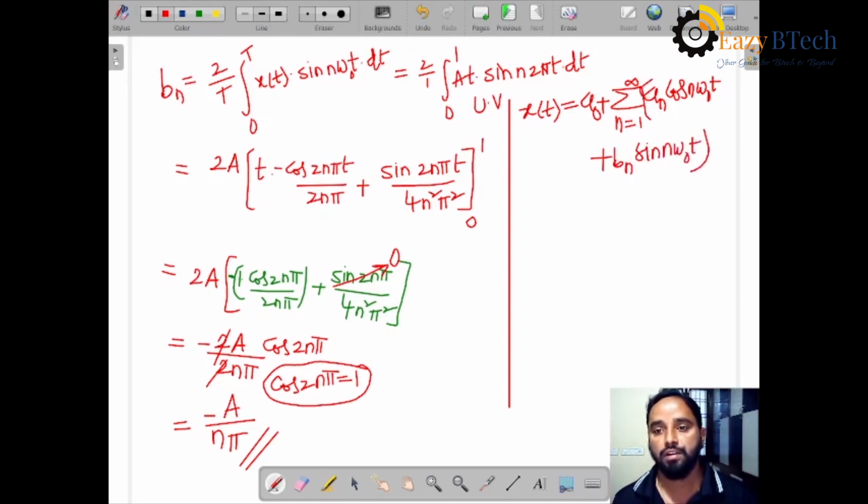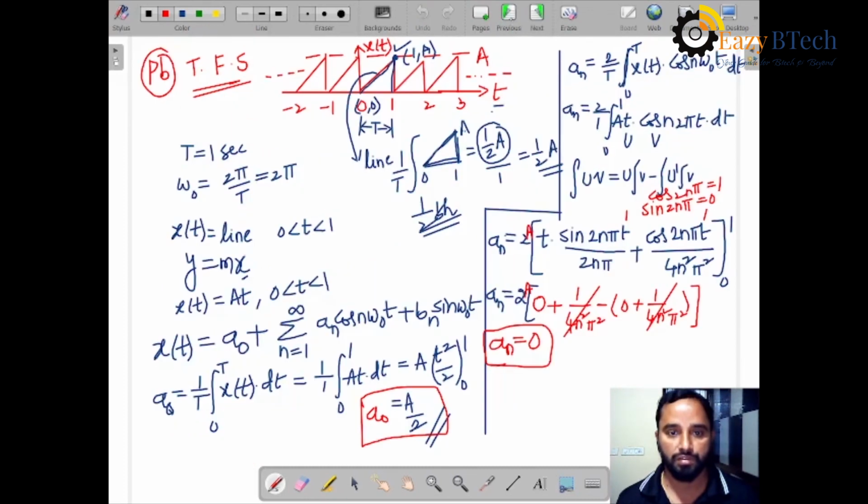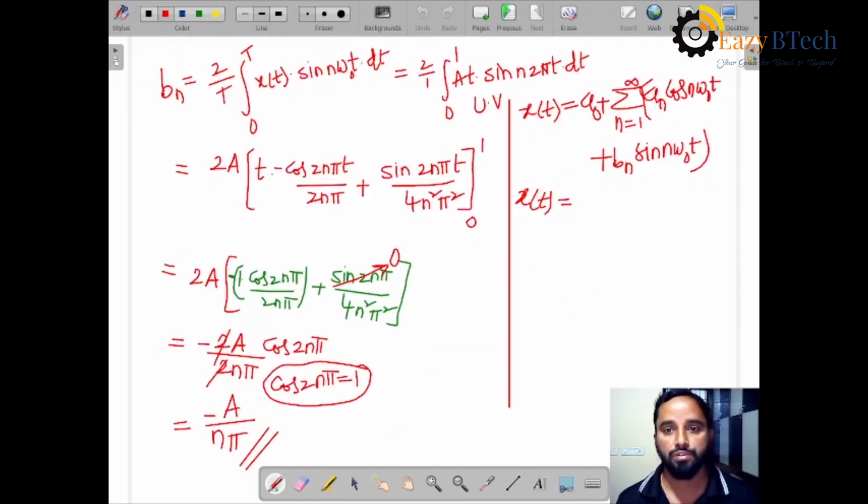Now, whatever the values of a naught, a_n, b_n, we are going to substitute here. a naught is a by 2.